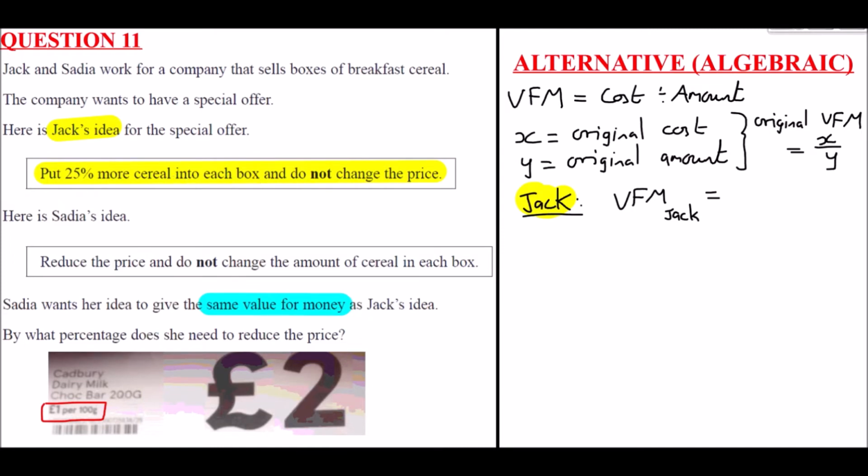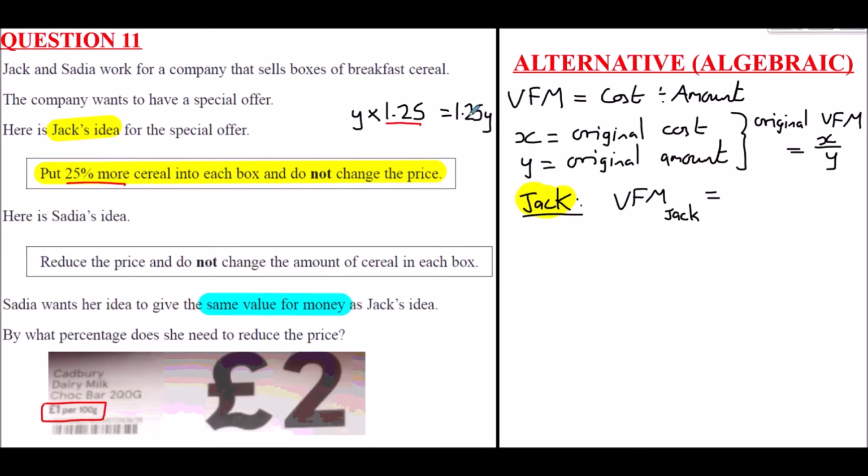And so if we take the original amount Y and increase by 25%, it's the same as doing Y multiplied by an extra 1.25. 25% more as a decimal multiplier is 1.25. So Jack's amount relative to original isn't Y, it's 1.25Y.